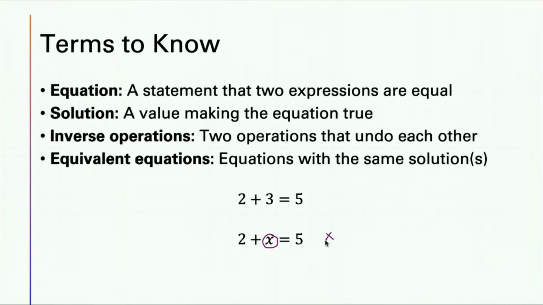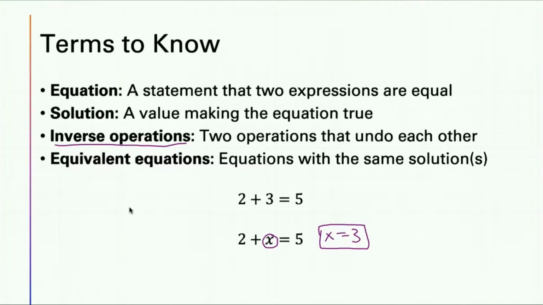And you would be correct, but equations are going to be much more complex than this in the future. So you can't just go, oh, I know that 2 plus 3 is equal to 5, and I'll just plug in 3 for x. You'll have to solve using inverse operations, which are a major factor in helping you solve equations in the future.